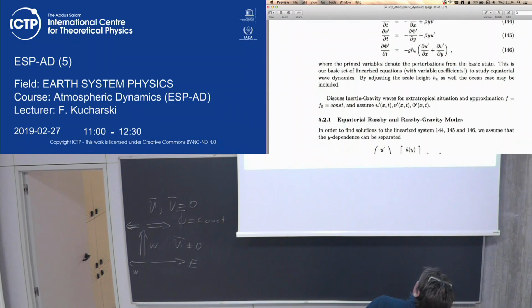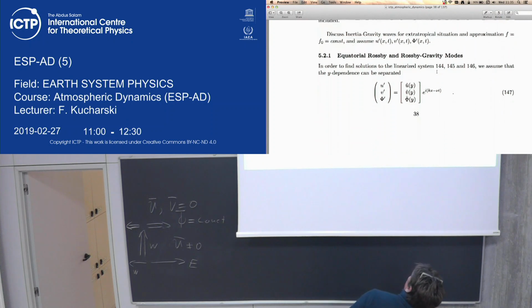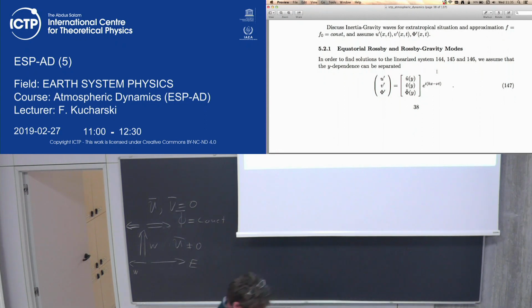So we can now search for such solutions. But due to this problem that is a system with non-constant coefficients, one trick that we can try to use is to say, okay, there's no easy theory now how to use this, but one trick that we could try is to separate the dependence of x and time from the dependence of y.